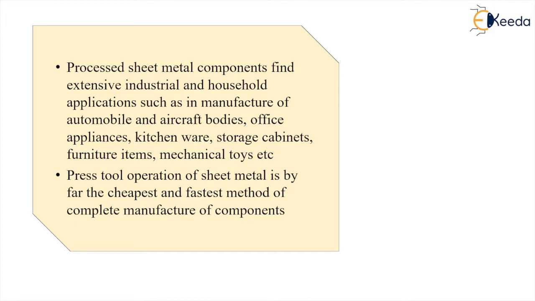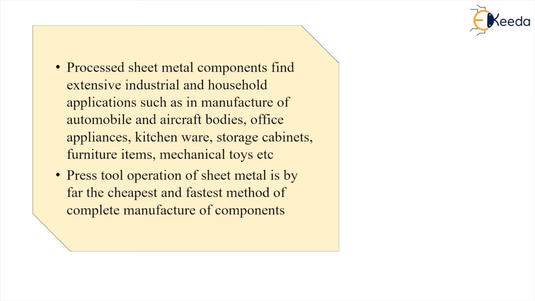Sheet metal components find extensive industrial and household applications, such as manufacturing of automobile and aircraft bodies. This is a very important application of press working or sheet metal operation. All the car bodies, the sheet which is used as car body material, are produced by this sheet metal working, and also the bodies of the aircraft.